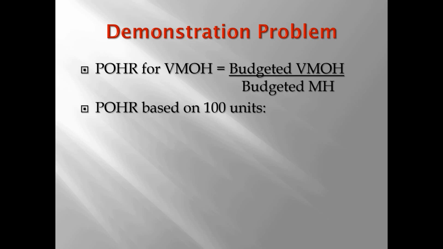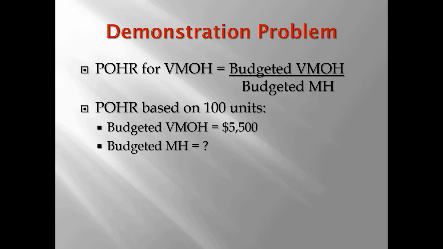Based on the 100 units that the firm expected to make, we know the budgeted variable manufacturing overhead because it was given, but we weren't told the budgeted number of machine hours. Luckily, we have enough information to figure it out.